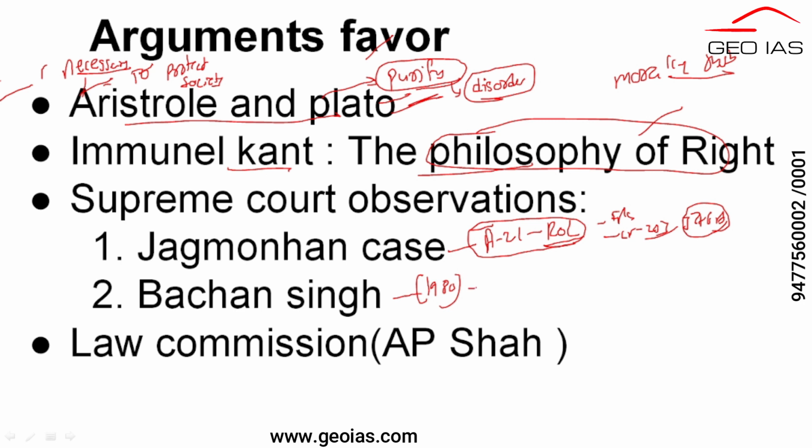Here it stated that yes, capital punishment is upheld, it is valid under the Constitution, but it should be utilized only in the rarest of the rare cases. So this Bachan Singh case clearly highlighted the doctrine of the rarest of the rare.